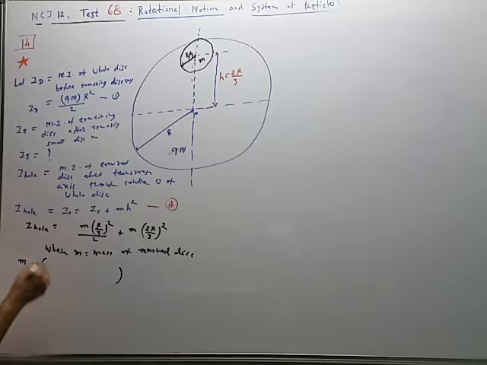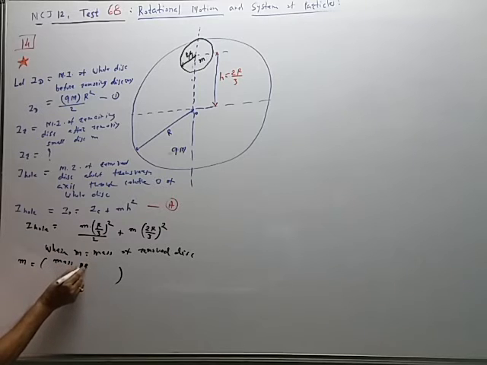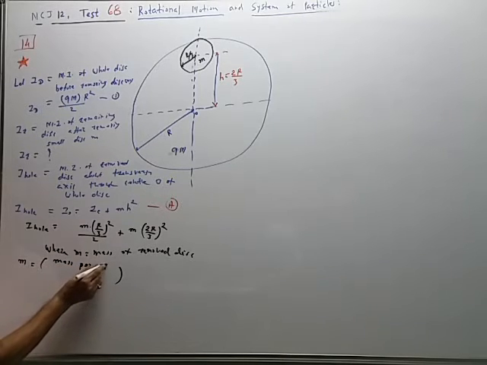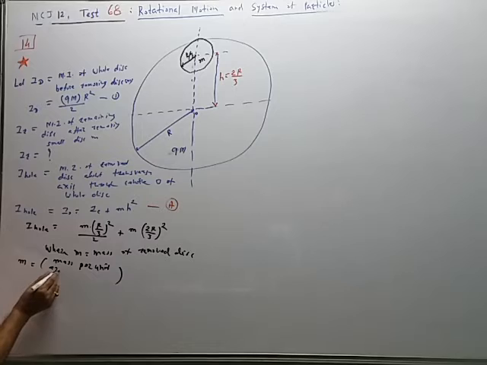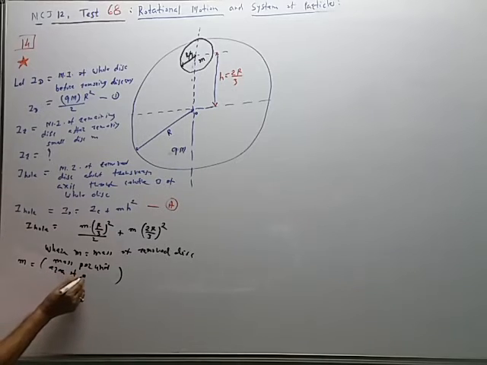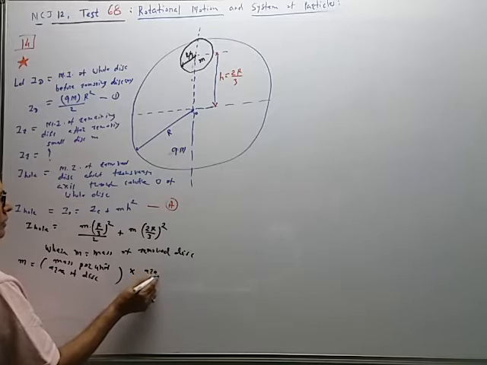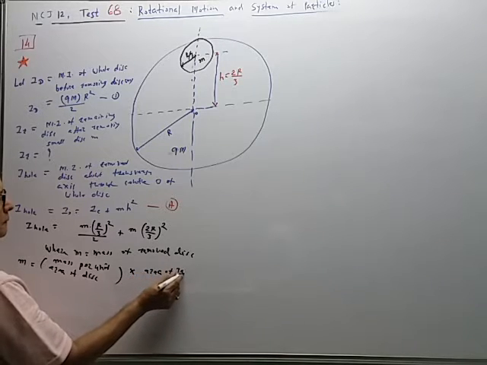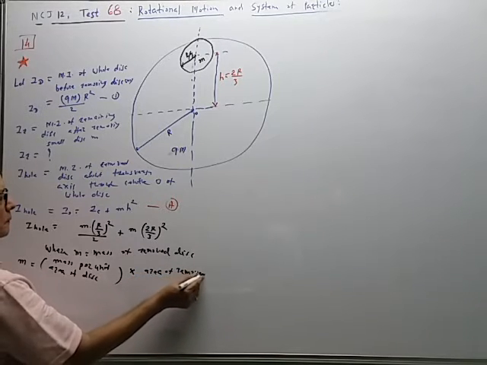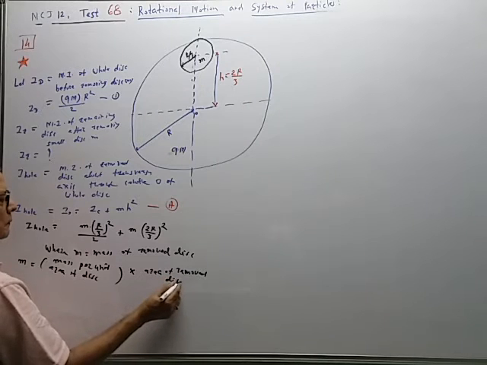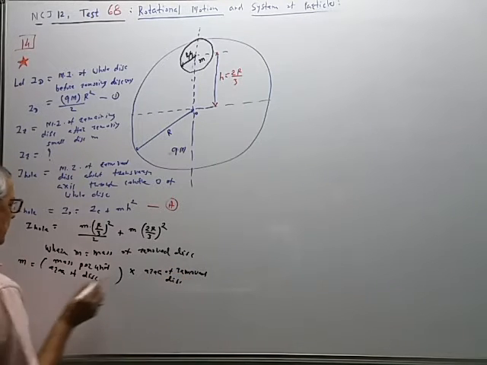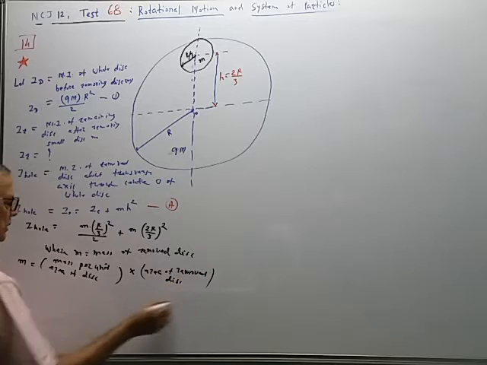Mass is equal to mass per unit area of the disc multiplied by the area of the removed disc.